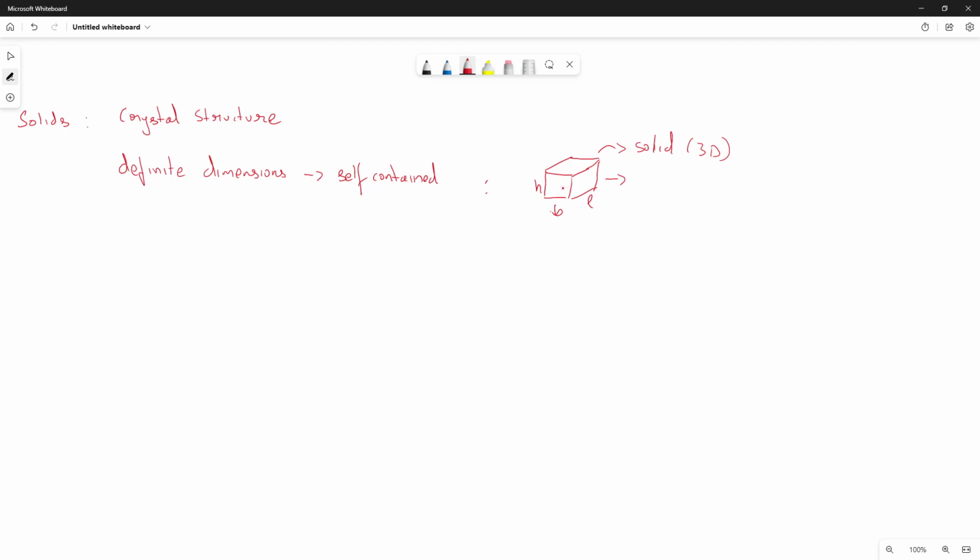The nuclei are fixed, but at least some of the electrons can move around. So what is the environment in which these electrons are moving around? Can I call it a 3D box? If I call it a 3D box, am I correct?